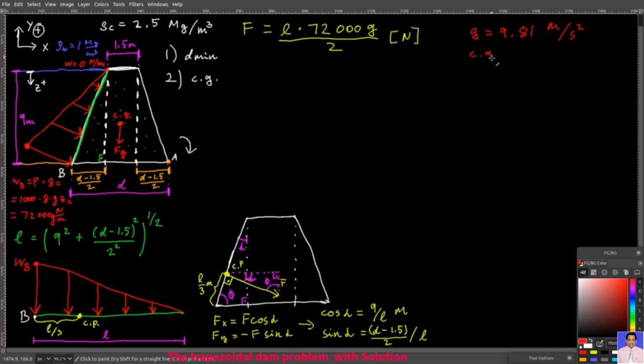Because of that, Cg equals Cm equals the centroid. And we know that this centroid is somewhere here on this vertical axis in the middle of the cross section. Where exactly? That we can calculate later.